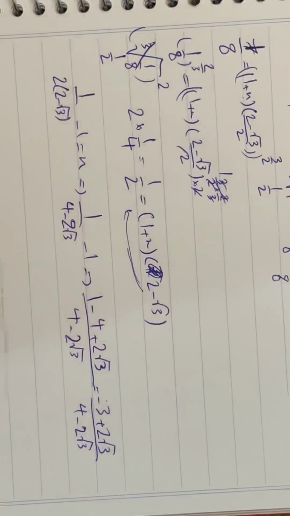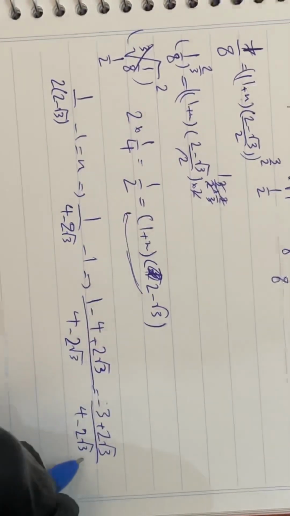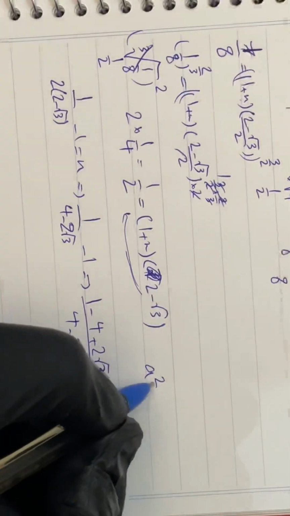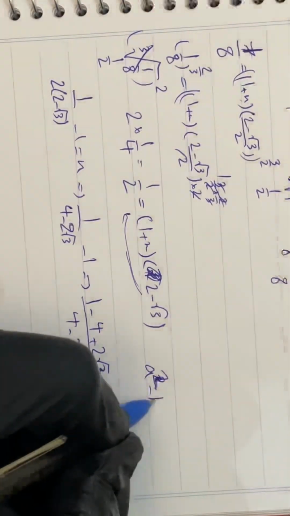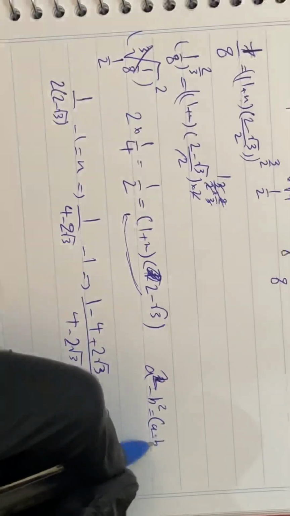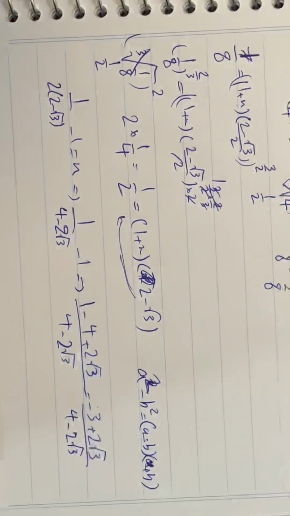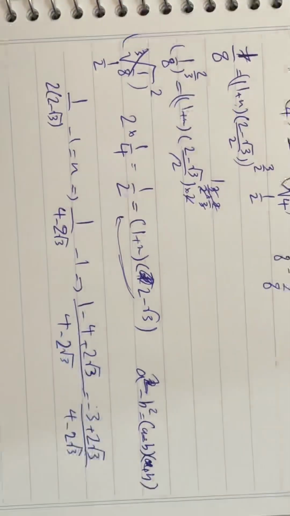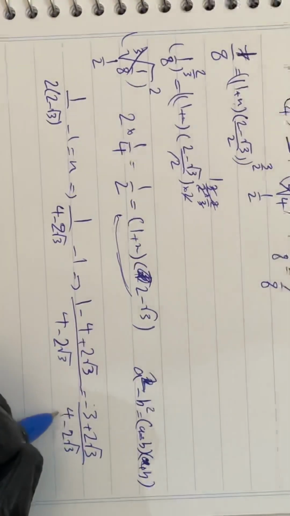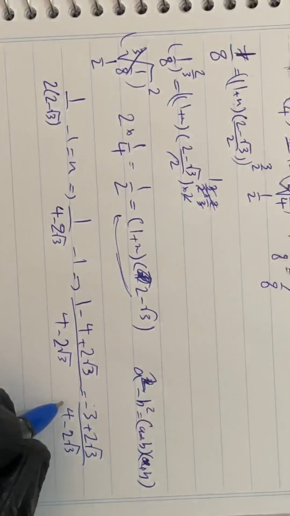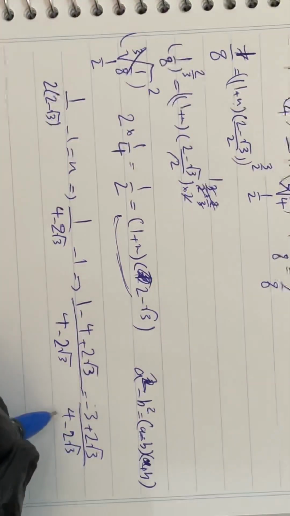So here, if you just take a common denominator, if you simplify this, we use the difference of two squares identity. It is so useful in problems. Many beautiful problems are also solved with this identity. So just multiply numerator and denominator with the conjugate of the denominator.